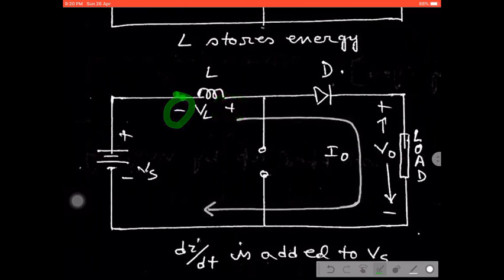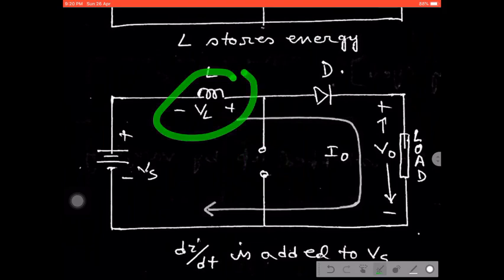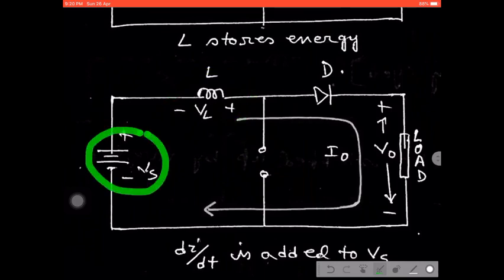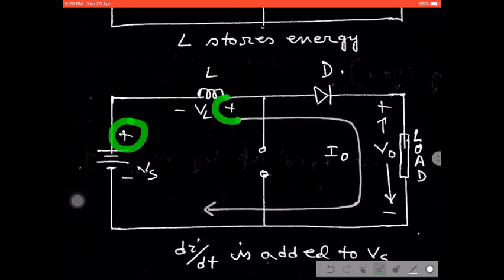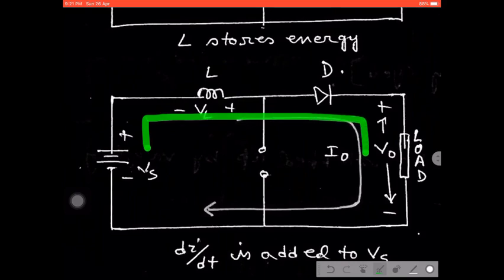Once the inductor polarity has changed, and the switch is open, the actual voltage, that is the inductor stored energy defined by L di/dt, and the supply voltage Vs, which is summing in nature, so the total voltage, Vs plus L di/dt, appears across the load as the current starts flowing in this direction, right?